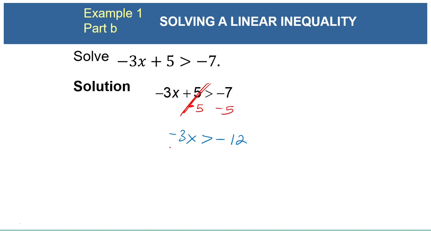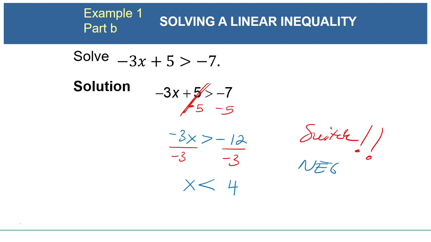And now I can divide both sides by negative 3. But remember, you have to switch the sign because we're dividing by a negative. So let's switch the direction of the sign. We have x is less than positive 4. Again, I switched the direction because we divided by that negative. Don't forget, it's very important.